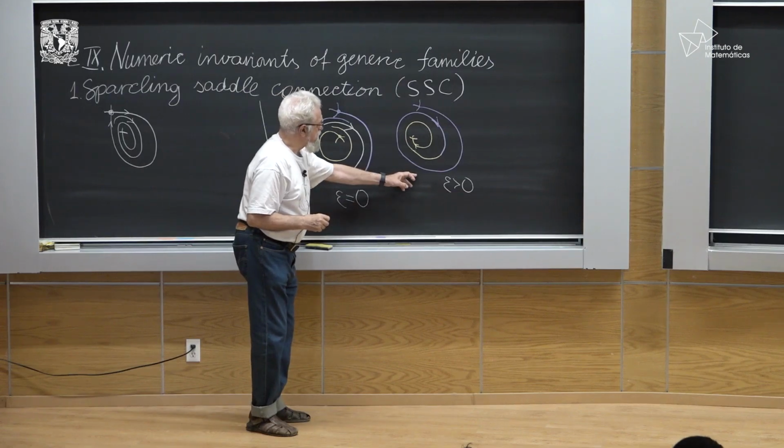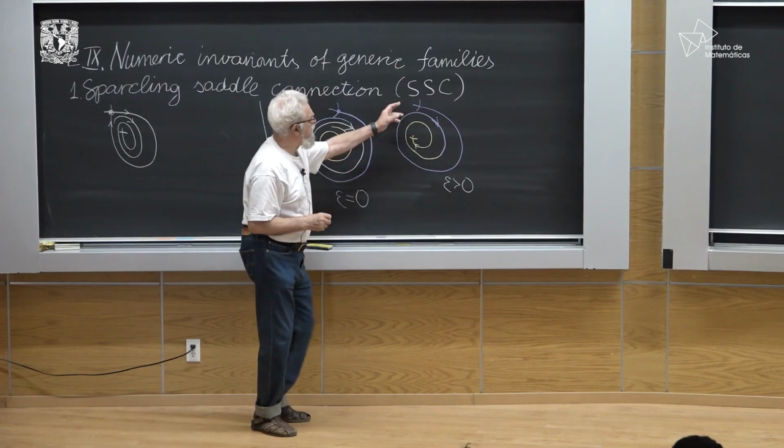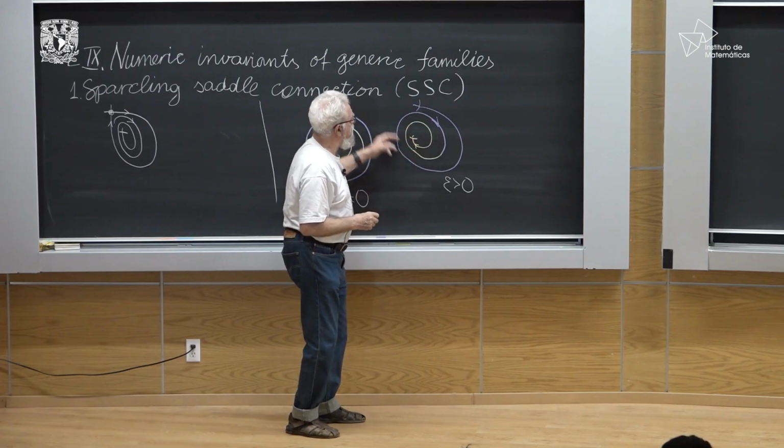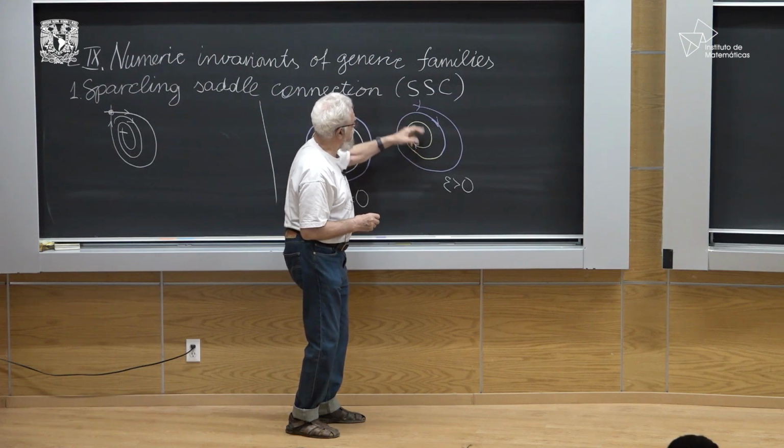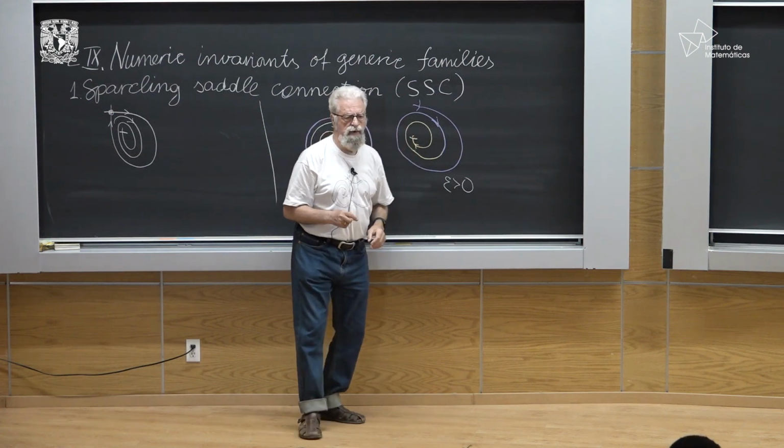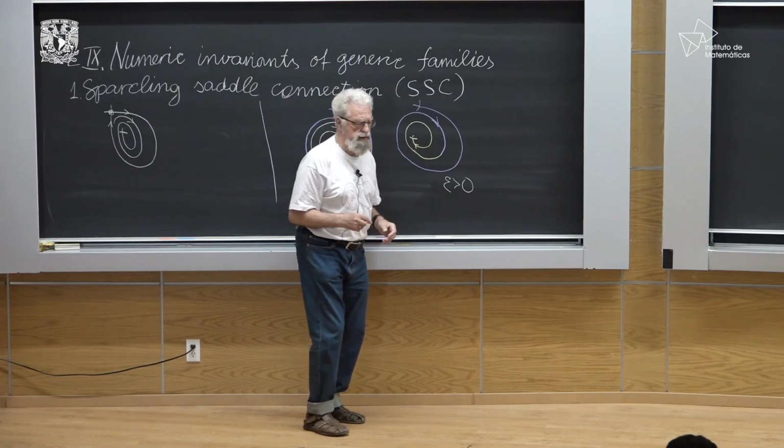The smaller positive epsilon is, the more winds the blue separatrix makes before it meets the yellow separatrix, which also made a lot of winds.